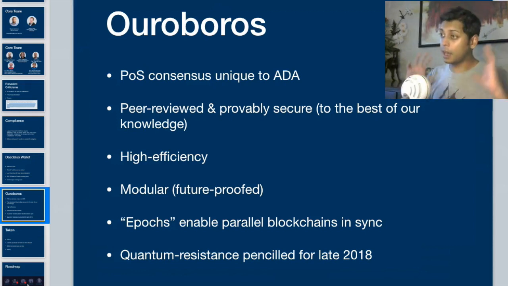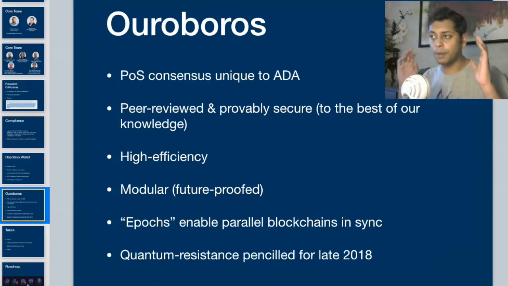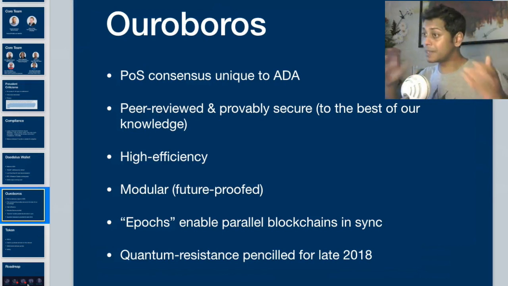And finally, since we are on the cusp of being able to use quantum computers, quantum resistance for this blockchain is penciled in for late 2018. Of course, we have a new roadmap update coming out in about 14 days, so we should have much better ideas on where they stand with the implementation of Ouroboros, because the peer review is done.